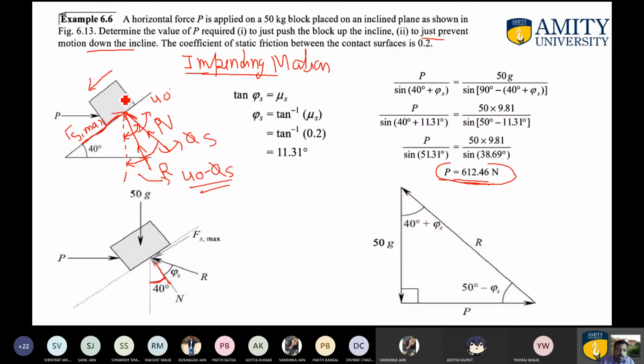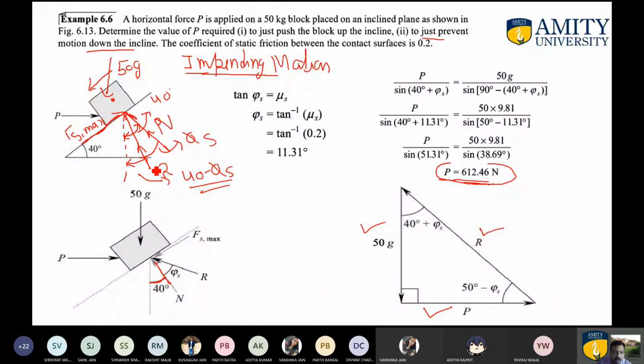Accordingly, you are required to draw the free body diagram. One force is remaining to mark over here, that is the weight. So the weight will be 50 multiplied by g, another will be P, and the last one is R. Accordingly, you are required to draw the triangle once again. The only modification is this: vertical stays as it is, horizontal stays as it is, and R you mark, but the angle will get changed.